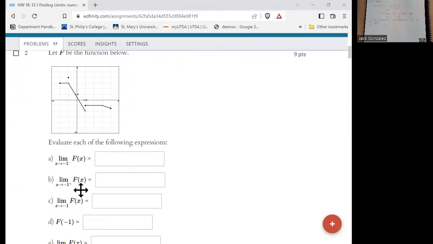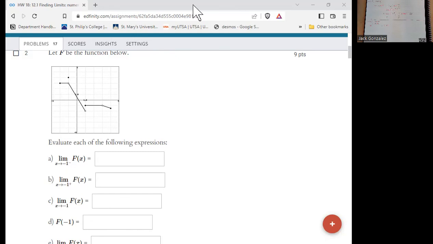notice how they have this new notation. What's the function? So f is this entire graph right here. So what is the function doing as x approaches -1? See how it has that minus symbol? So that's asking from the left side, the negative side.